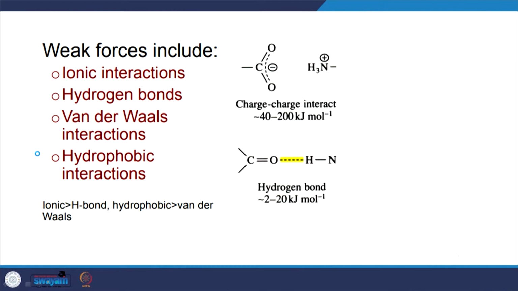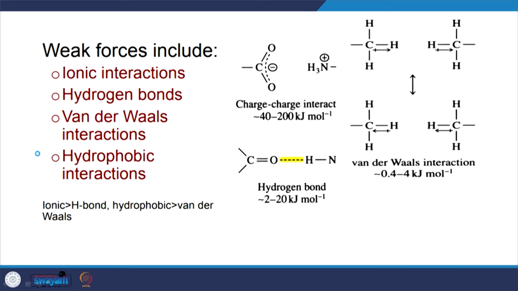Hydrogen bond is approximately 2 to 20, it differs depending on the situation, but it is a low energy. Van der Waals interaction is 0.4 to 4 kilojoule per mole, and hydrophobic interaction is 3 to 10 kilojoule per mole depending on the patches.